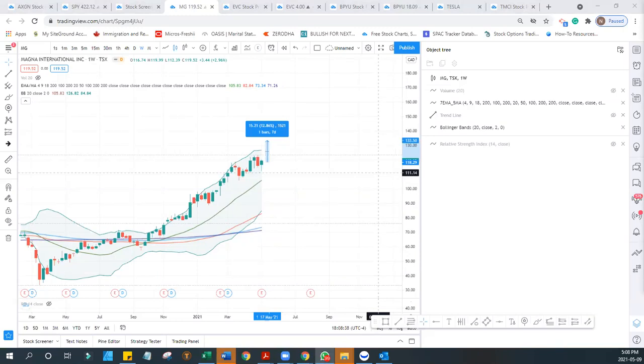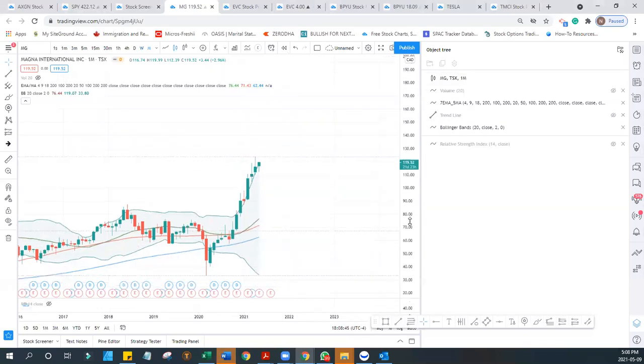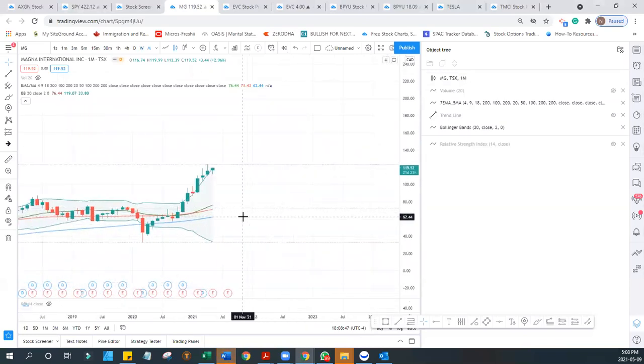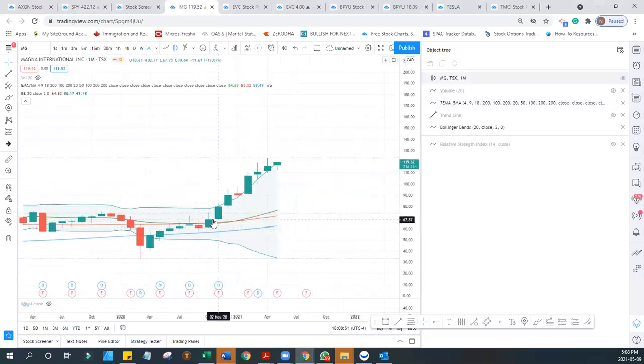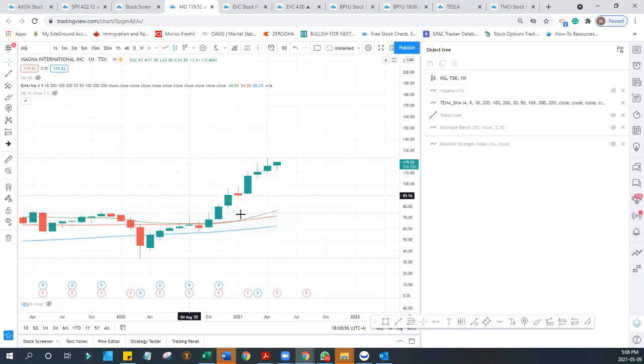Would it be fair to say that whenever we screen for any tickers, we basically look for anything where EMA 4, 9, 18 is beaten or is smaller, right? Look for the SMA. Okay, SMA. Look here.